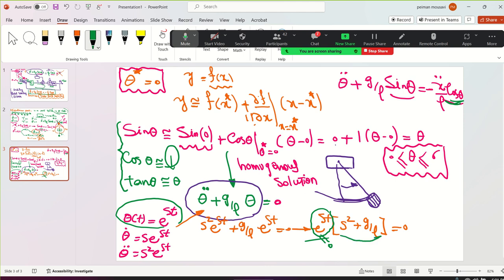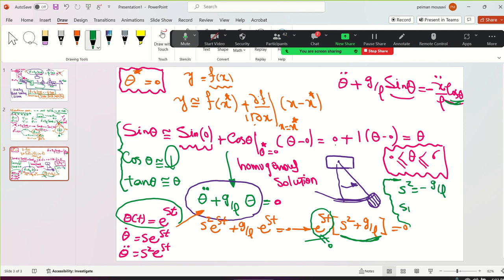So this other term is 0. Moving terms, you have two roots, for God's sake. S1 and S2, let me write it like this because you're going to ask me. You have s squared equals minus g over L.